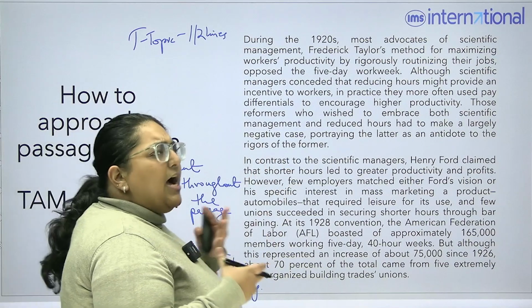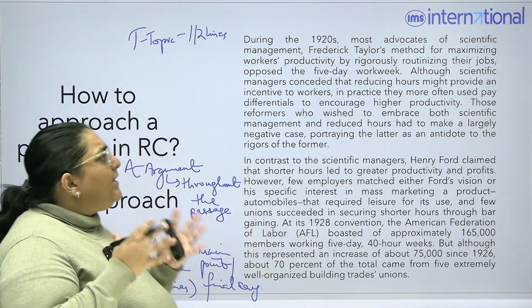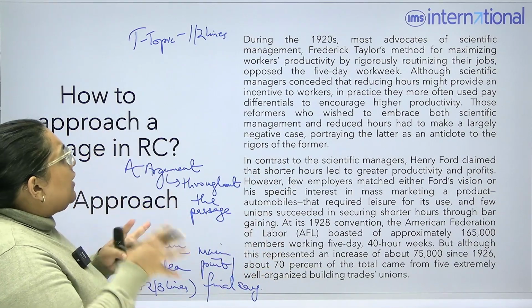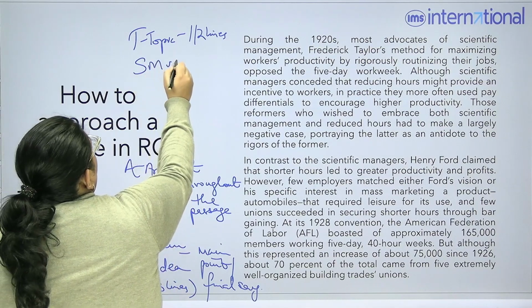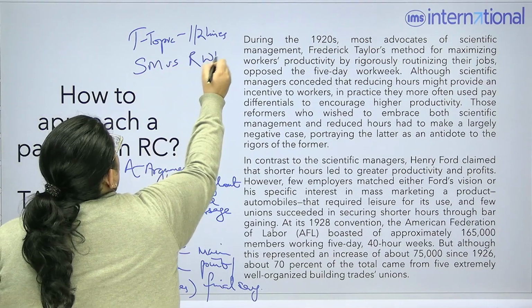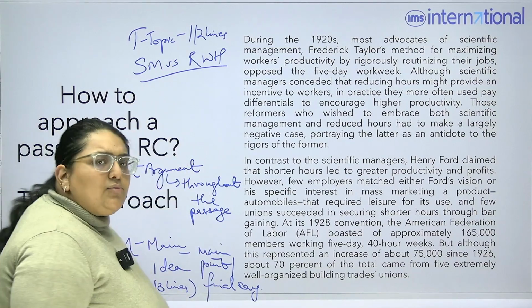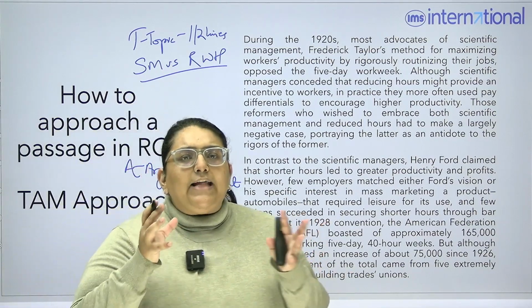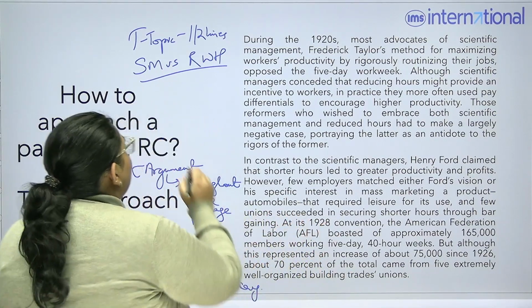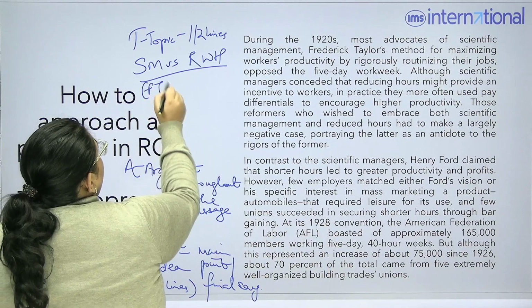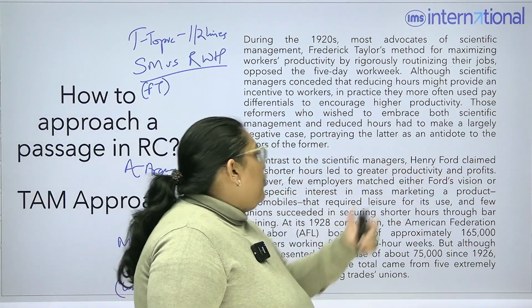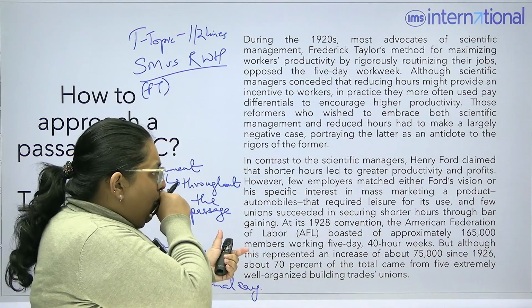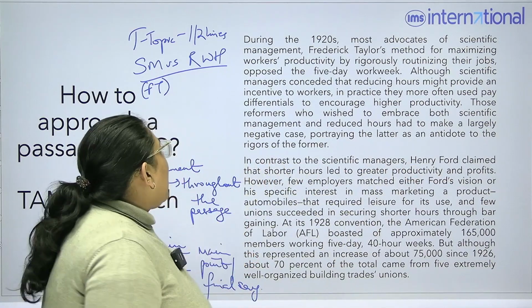So, up till now we can get a sense that this passage is talking about scientific management versus reduced working hours. Scientific management was Frederick Taylor's approach, and further we will read about Henry Ford, who advocated shorter hours.